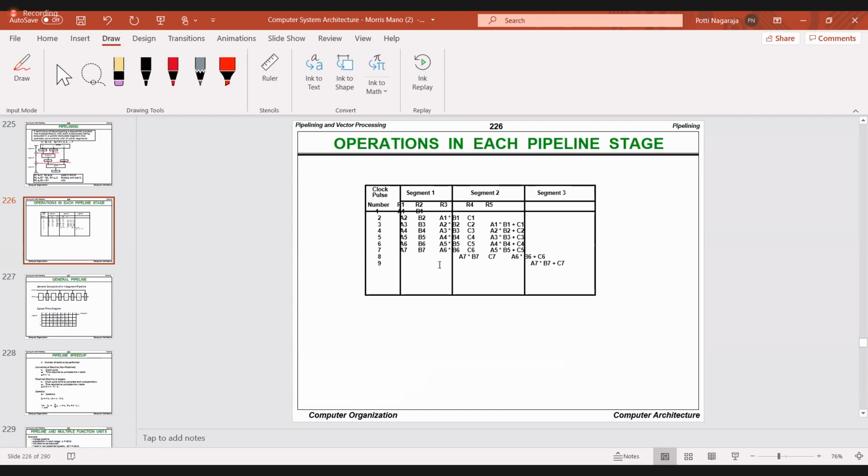Actually, this diagram is a little off because of some alignment in the PPT. So segment 1 is R1 and R2, segment 2 is R3 and R4, and R5 is segment 3. Is it okay?